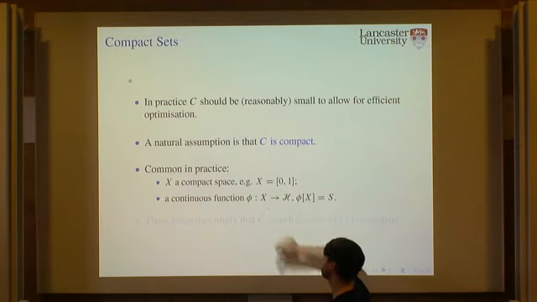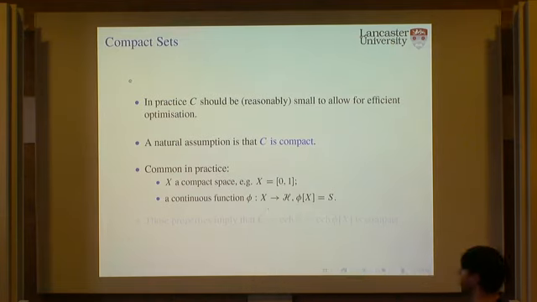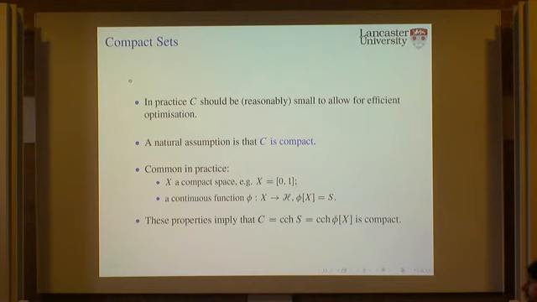You embed these to form the extremes of a convex set. What happens here is then, if you apply a continuous function to a compact space, you get again a compact space, and also the closed convex hull operation preserves compactness. So what you get is that the set C, which is the closed convex hull of phi of x, will also be compact.